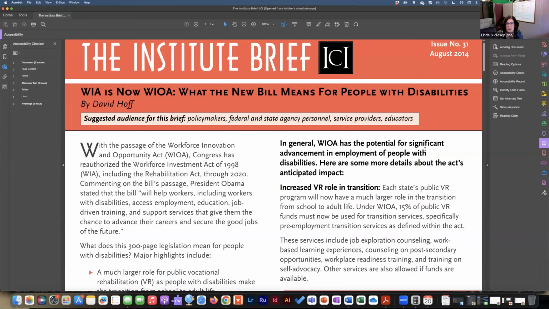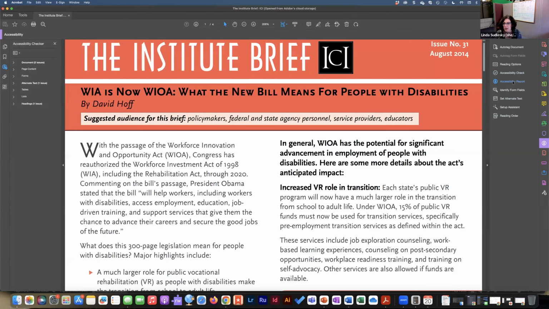Now, this is a PDF, so if I have the Word doc of this, I would go back into the Word doc and make it accessible using the Word document. But I just wanted you to see the checker itself.